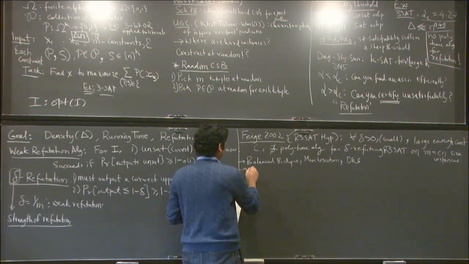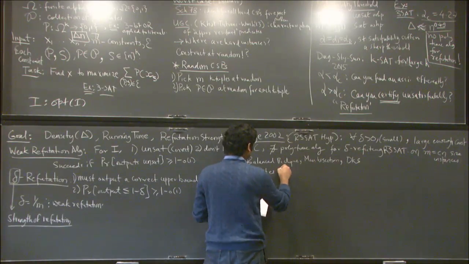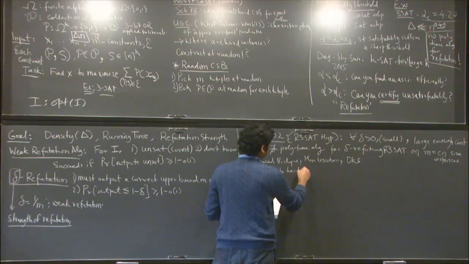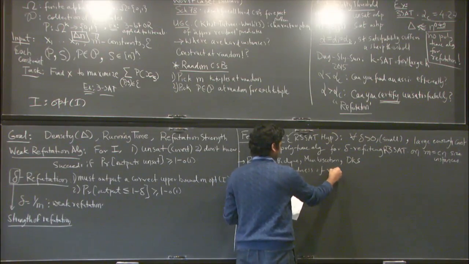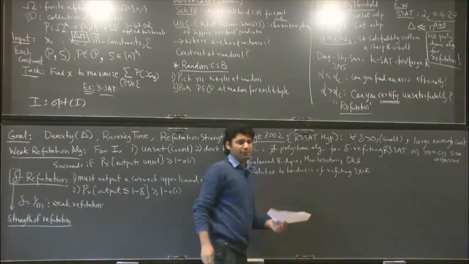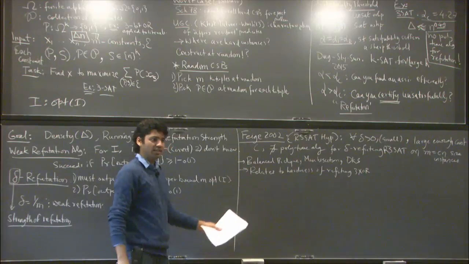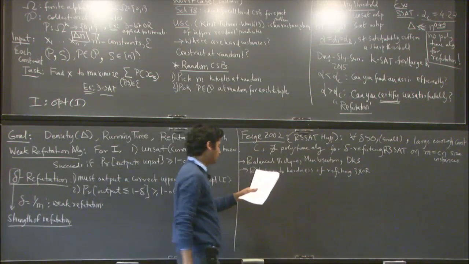But later on, this relates to hardness of delta-refuting 3-XOR. Weak refuting 3-XOR is easy because these are linear equations, so I can always do Gaussian elimination. But when I go to delta refutation, it becomes a non-trivial problem.